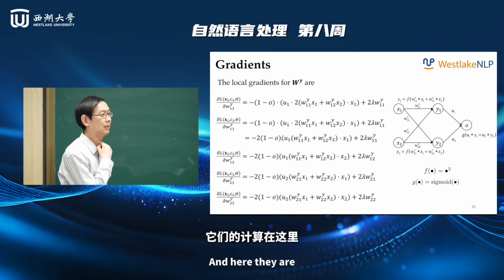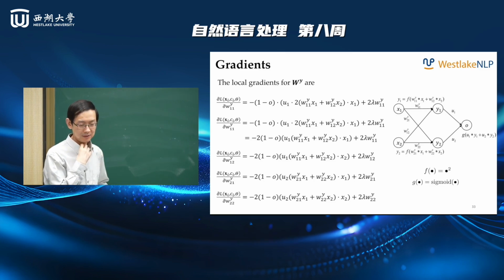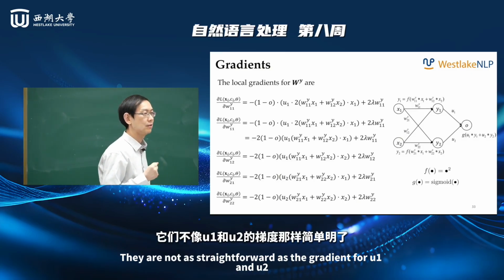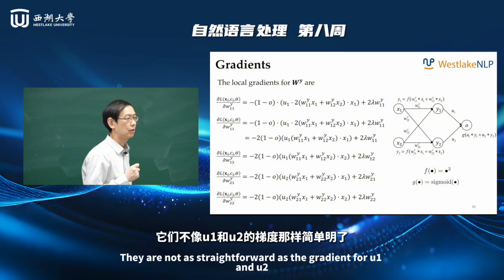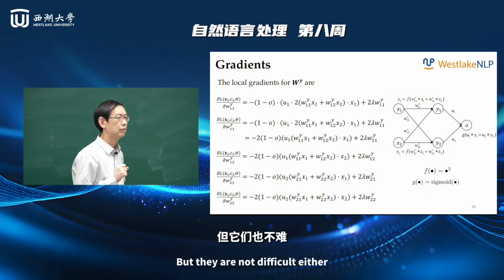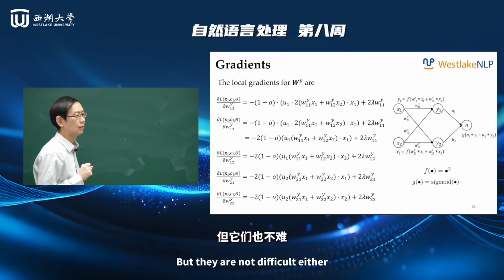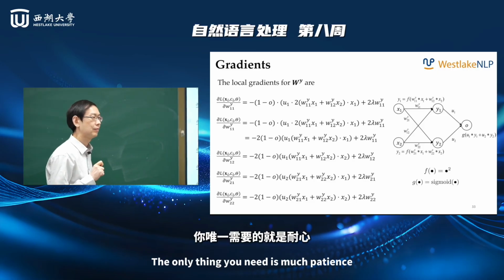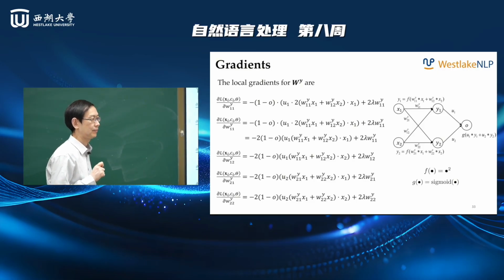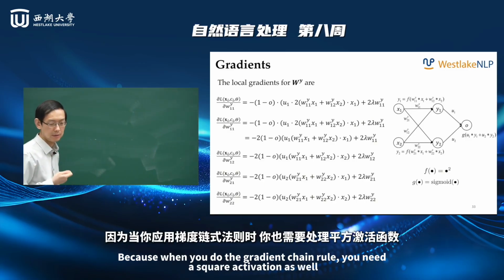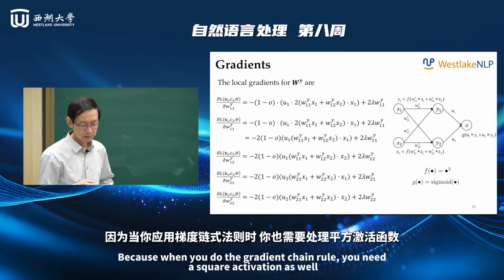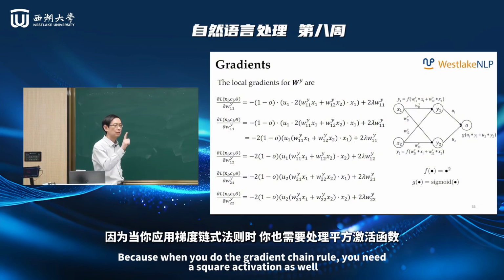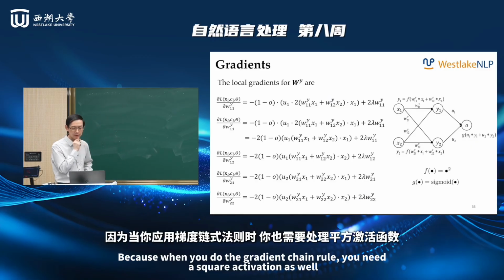And here they are. They are not as straightforward as the gradients for u1 and u2, but they are not difficult either. The only thing you need is much patience, because when you do the gradient chain rule, you need the square activation as well.